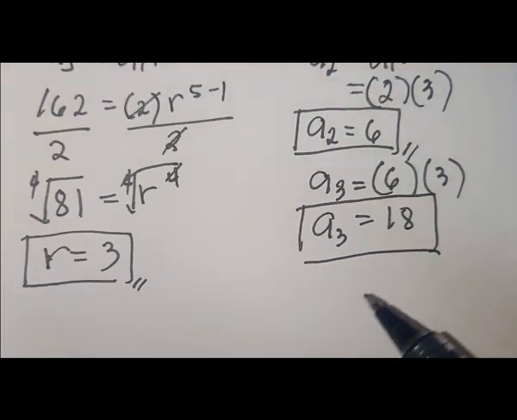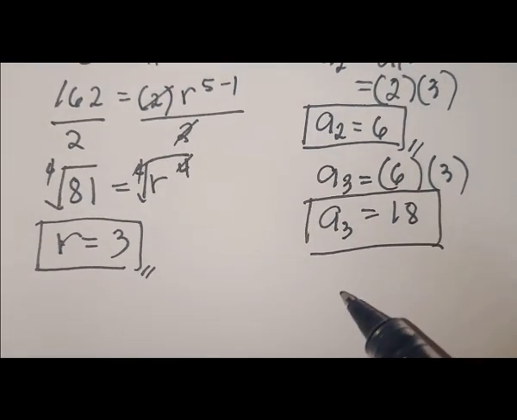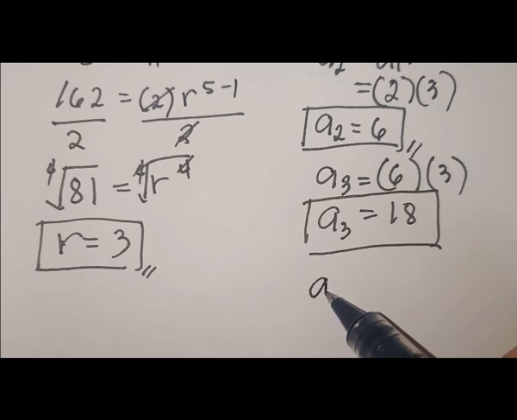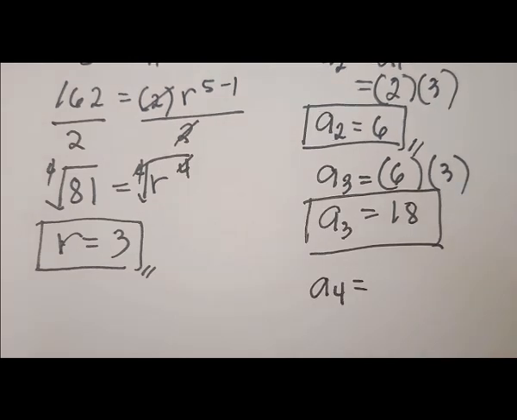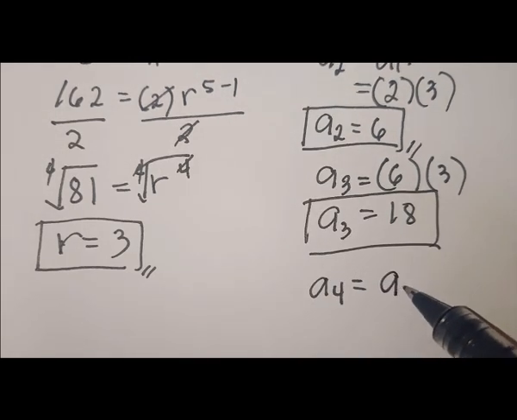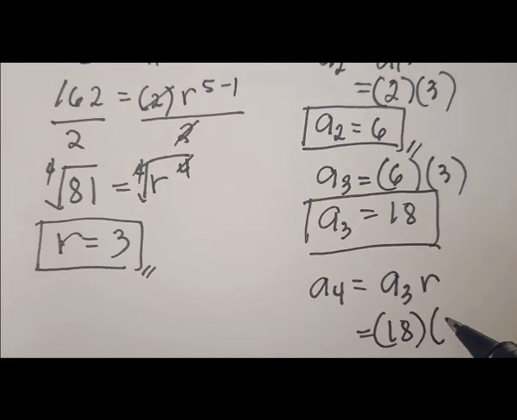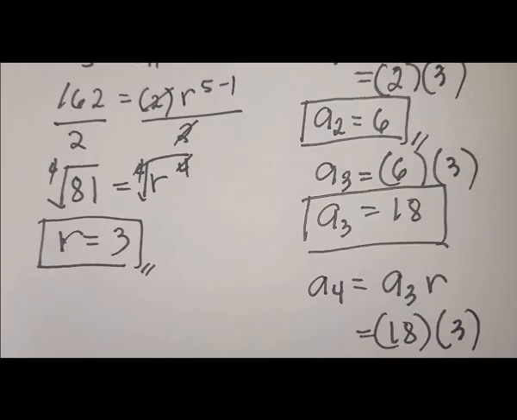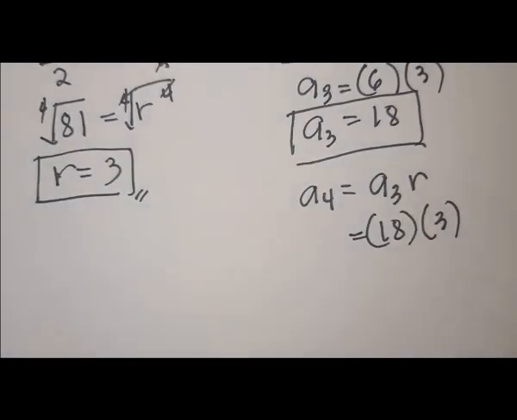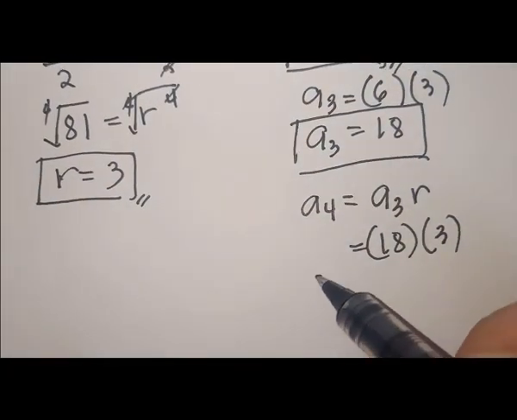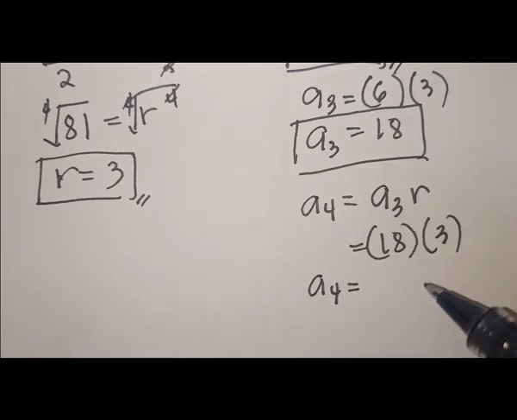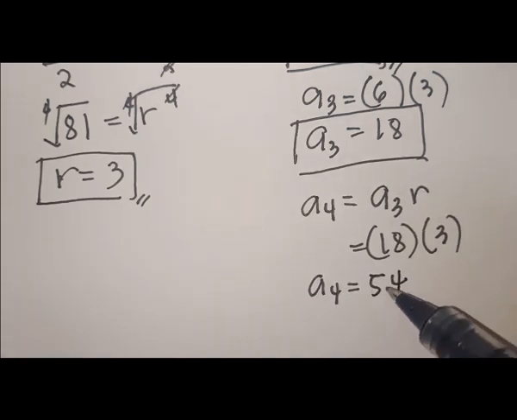Now, after a sub 3, syempre, kailangan din nating mahanap yung value ni a sub 4. Kay a sub 4, kailangan syempre natin yung value ni a sub 3 times r. Ang value ni a sub 3 na nakuha natin kanina ay 18, no? Times r which is 3. Therefore, ang value ng ating a sub 4 is equal to 54.